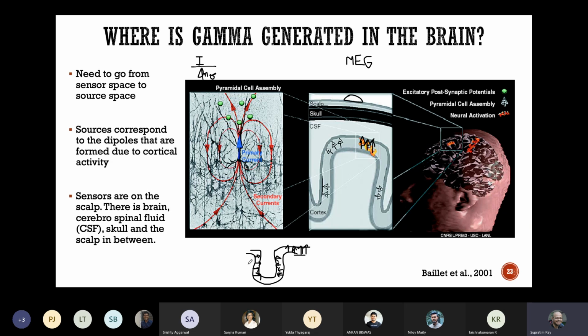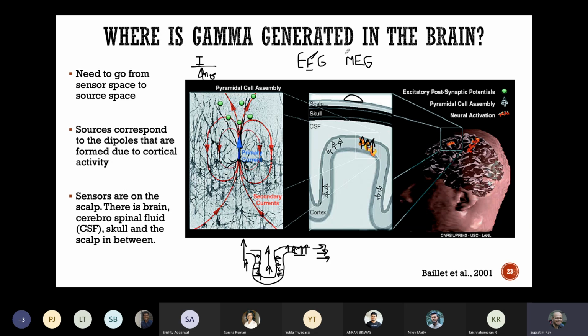So if this is the electric field, the magnetic fields are going to become like this, and so will be these ones, and they will produce a signal. The gyri will have magnetic fields that are pointing parallel to the surface. They'll produce a weaker signal. So EEG versus MEG actually look at complementary sources.